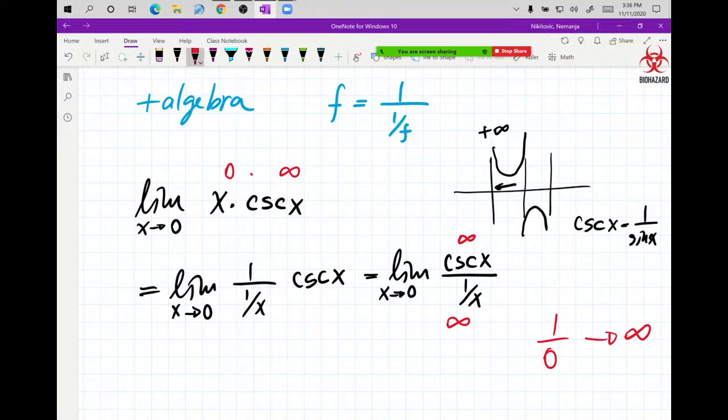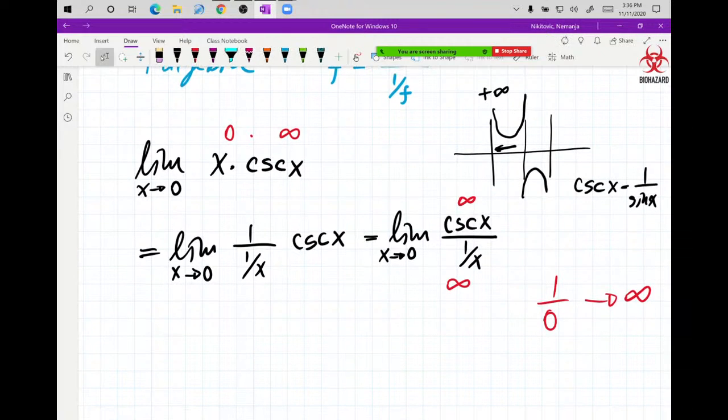And you have an infinity over infinity case, which is indeterminate form, which means you can use L'Hopital. Now, using L'Hopital in this case means that you are going to, let's go limit as x goes to 0, take independent derivatives of the top and the bottom.